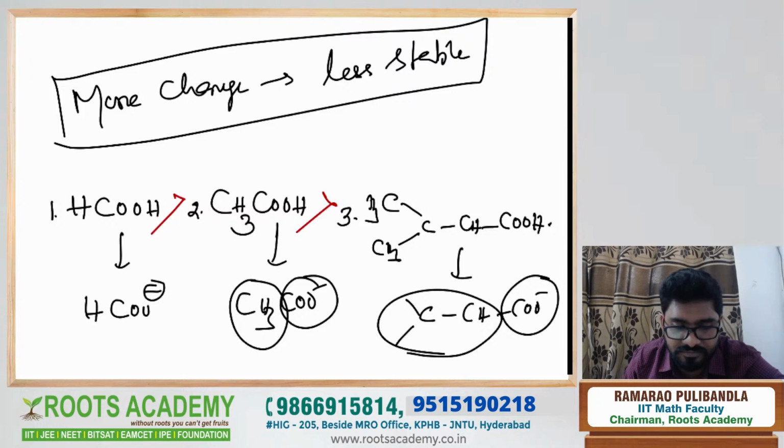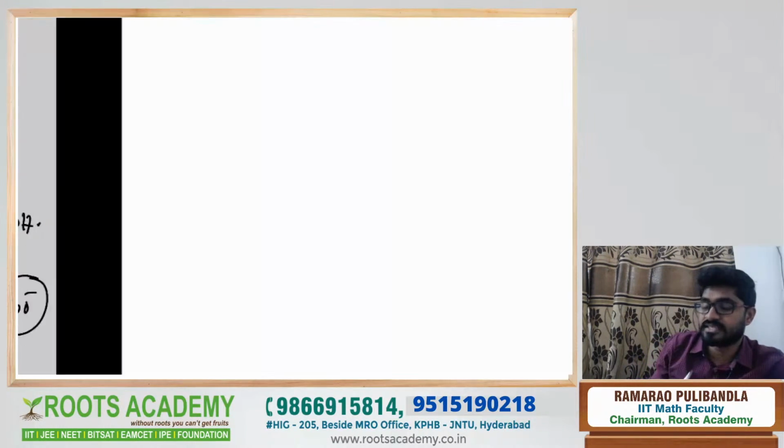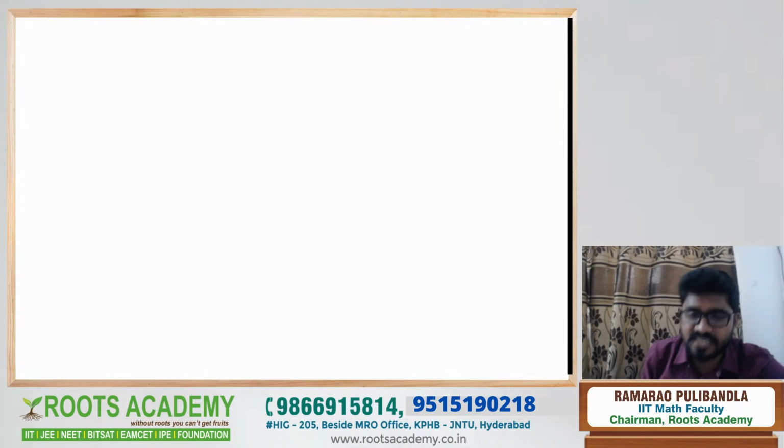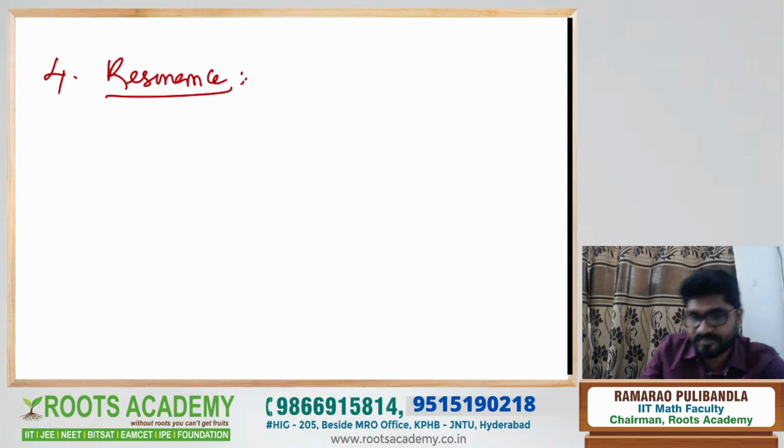Got clarity now? Next factor, the fourth one. We have seen size or bond dissociation energy, electronegativity, and the inductive effect. The fourth one is resonance, guys. How will resonance decide the acidic strength?